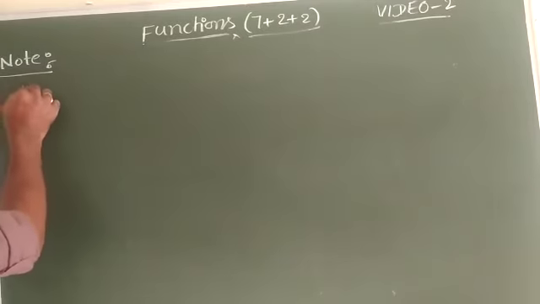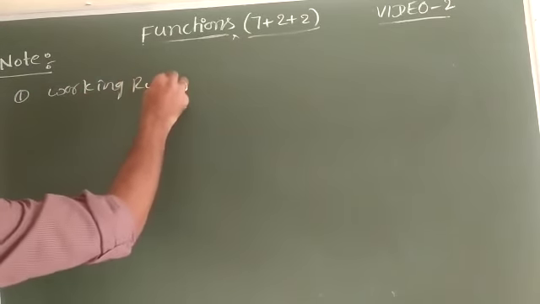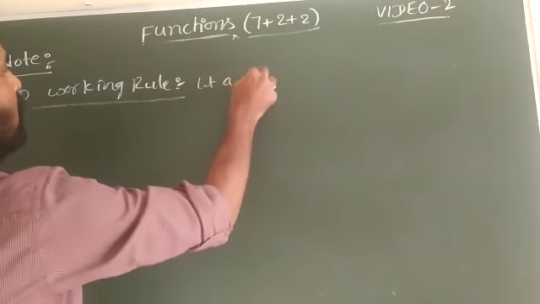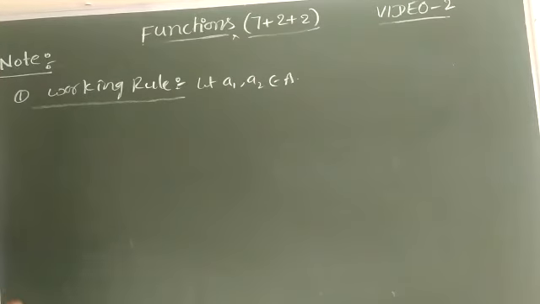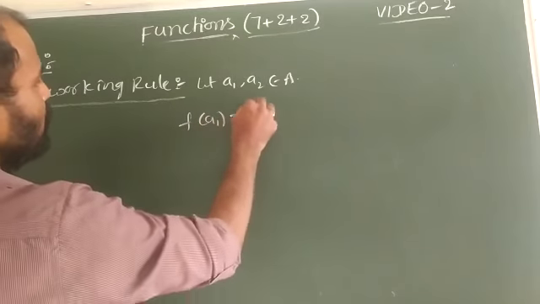See the note point in that working rule. Working rule for one function. Let A1, A2 belong to A. A1 and A2 are the domain elements. Consider f of A1 equal to f of A2.